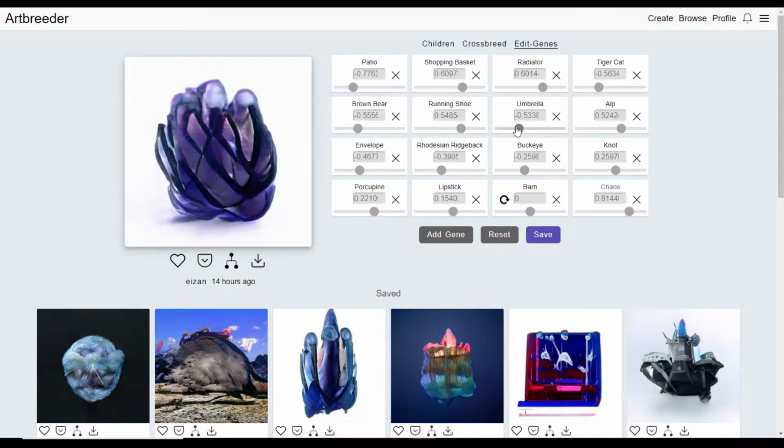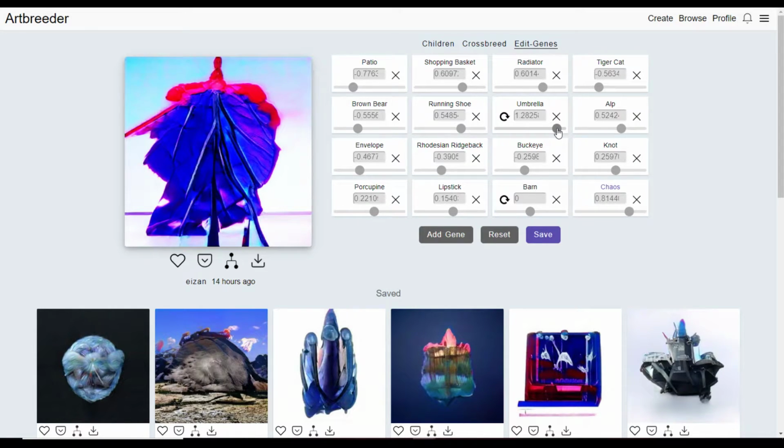What are some others here? Umbrella. I don't know about that. You could say that those look like the folds of the umbrella. A lot of this is not intuitive because it's not based on semantics in any way. It's only based on tagging and internal vectors.